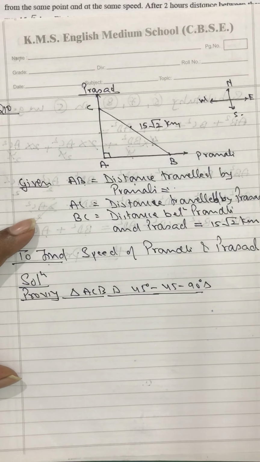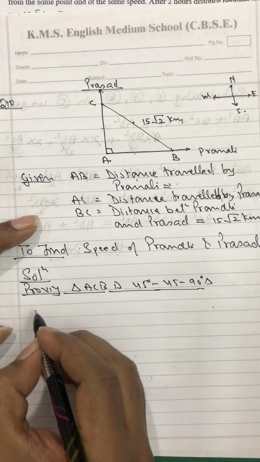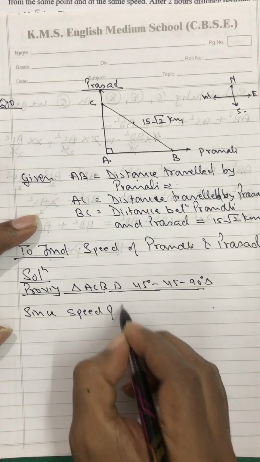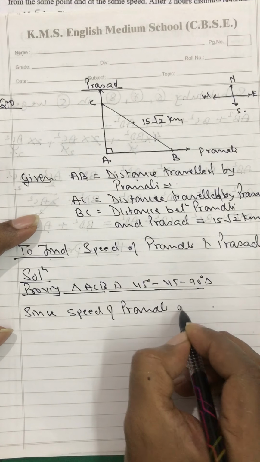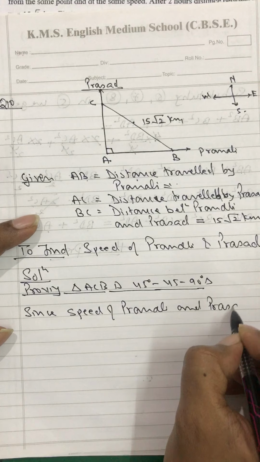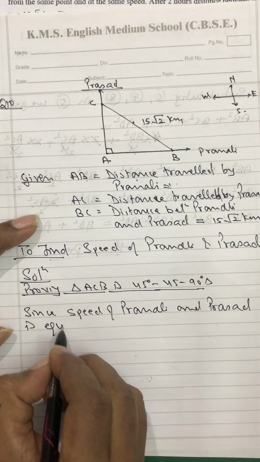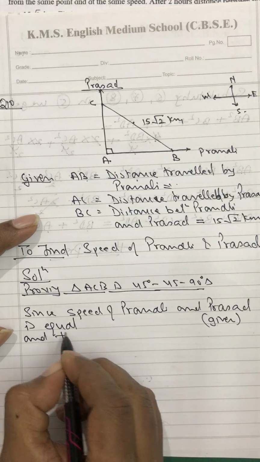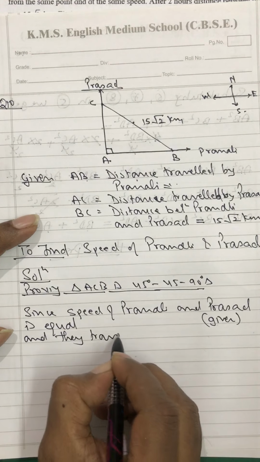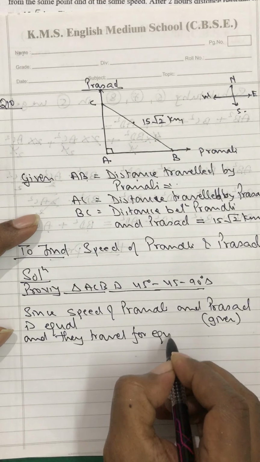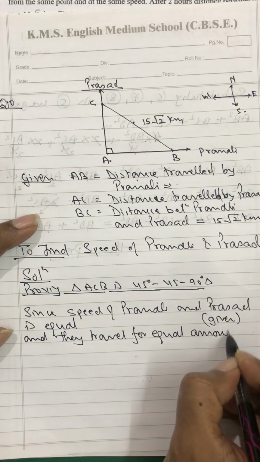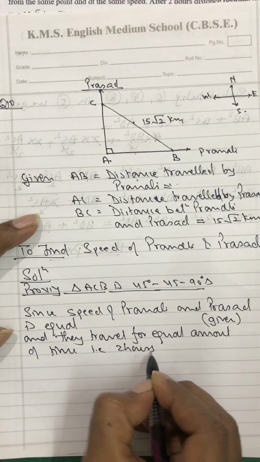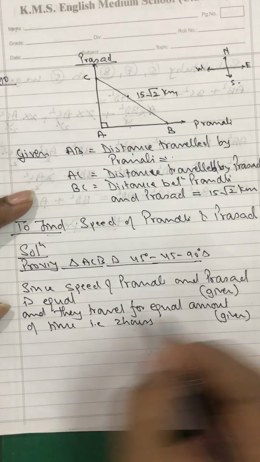So for that you will say, see, since the speed of Pranali and Prasad is equal, this is given, and they travel for an equal amount of time, that is 2 hours, this is also given.